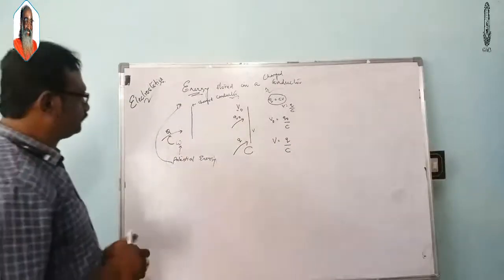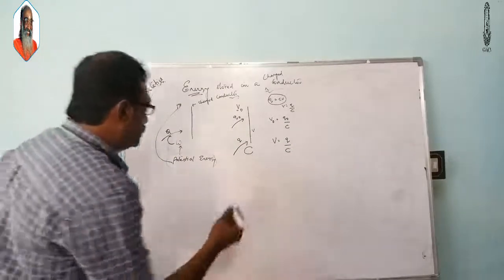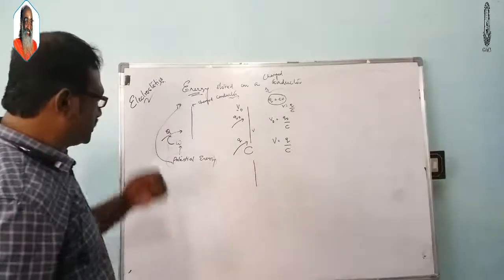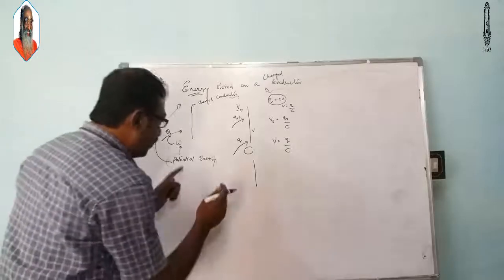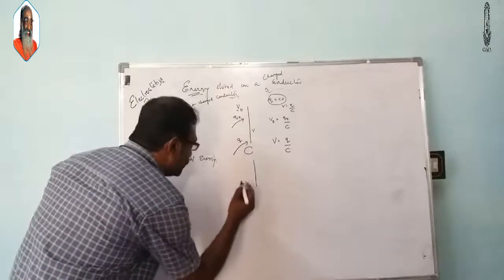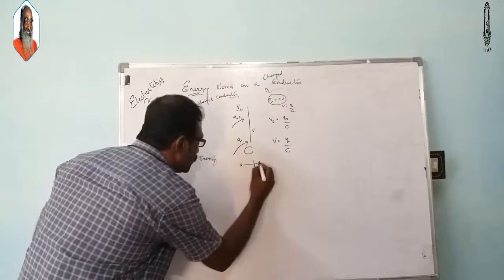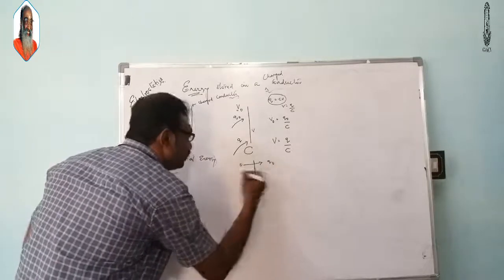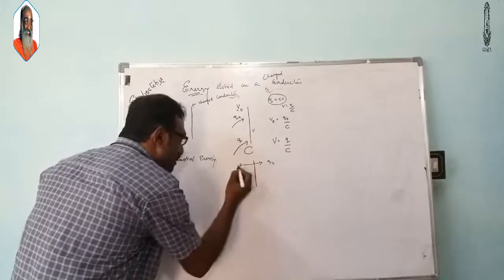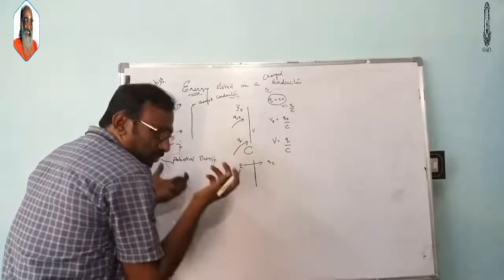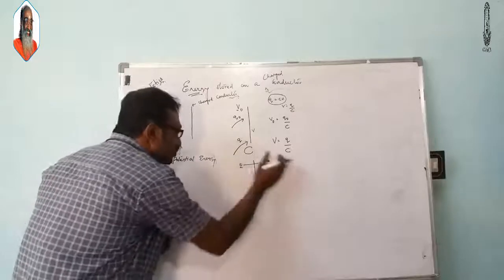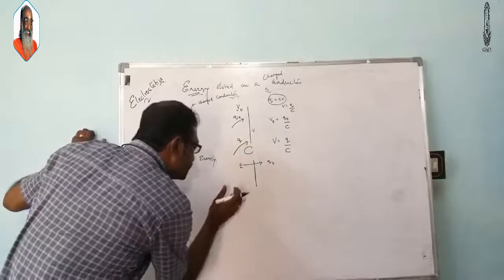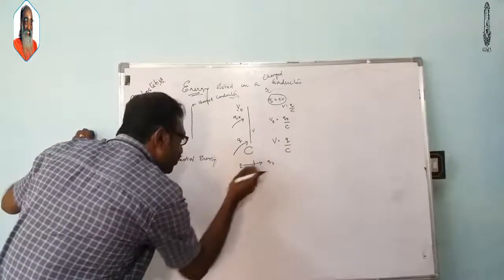Now suppose you have the same conductor here. I am making the diagram again to help you understand. Now I want to increase the charge from 0 to Q naught. For this conductor, I am going to give charge to the body from neutral, from nil, to Q naught. For giving this, I am giving the charge in small quantities.